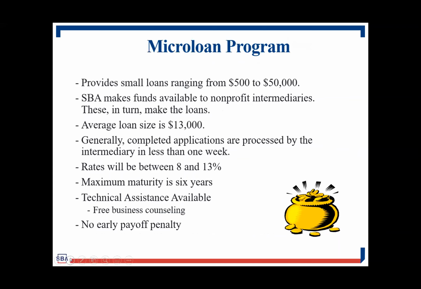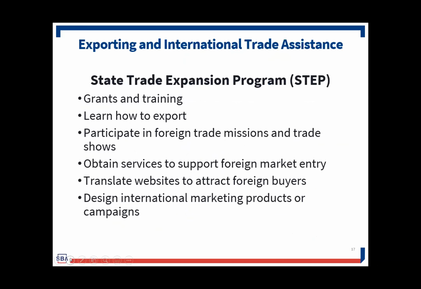This program comes with technical assistance and free business counseling, and there is no early payoff penalty. The microloan carries a higher interest rate, and it's between 8 and 13%. Of course, you're able to negotiate the interest rate and the maturity on all of our loan programs with your lender or with our intermediary.